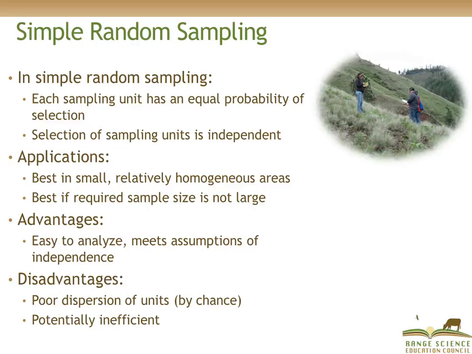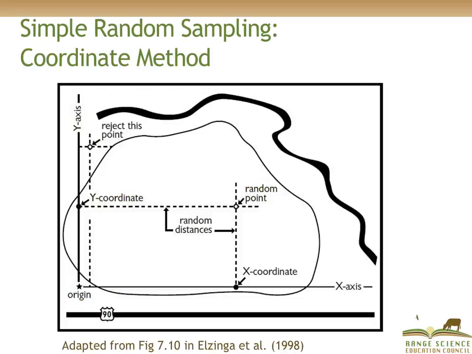There are a couple of common approaches to randomly locating sampling units, and the first is the coordinate method. In this case, we usually start off with a map or a schematic diagram of the area of interest, which you can see here in this black outlined area, and then we superimpose an XY coordinate system over the map.